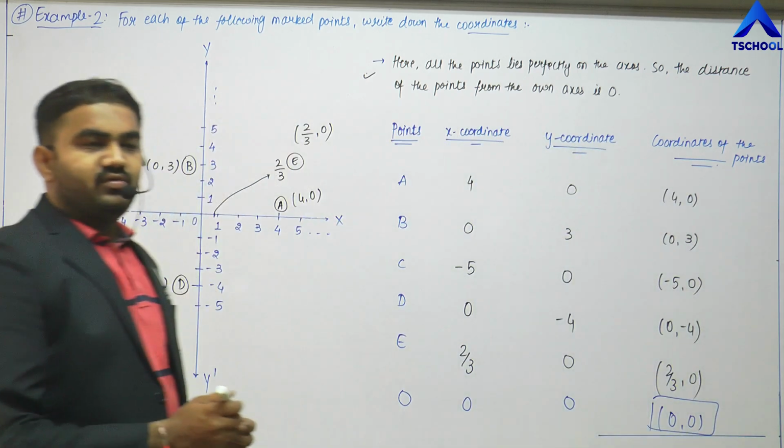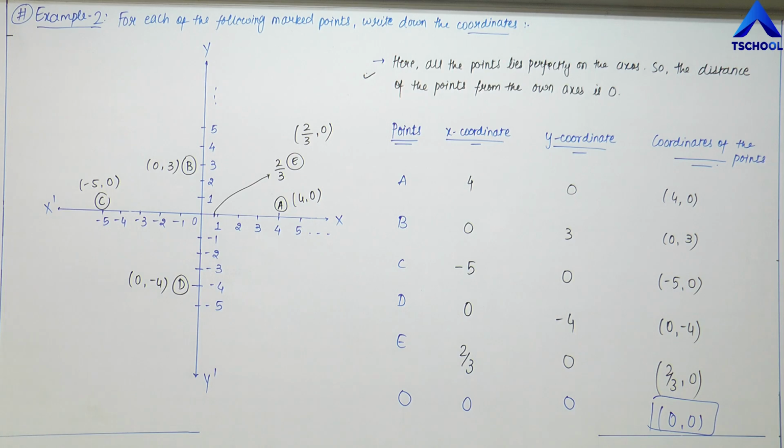This is how you can find out the coordinates of any point that is given to you on the graph. Is this thing clear, friends?